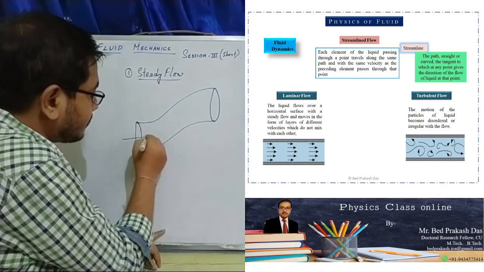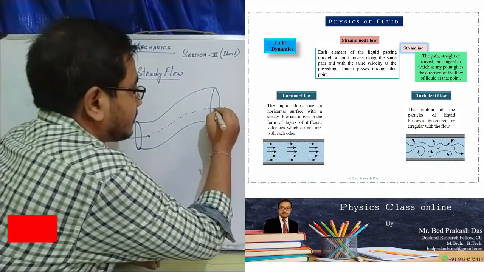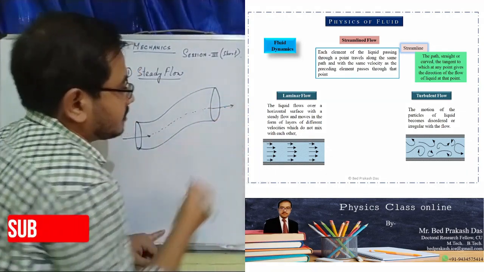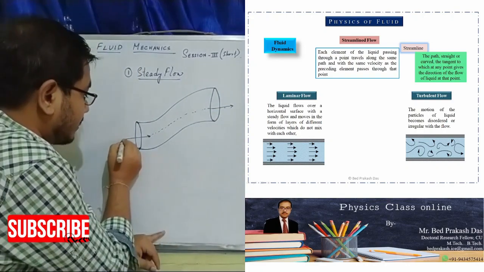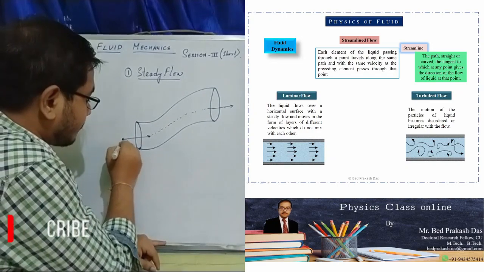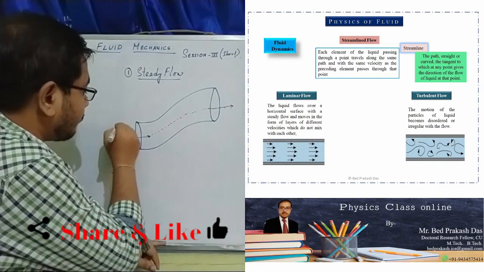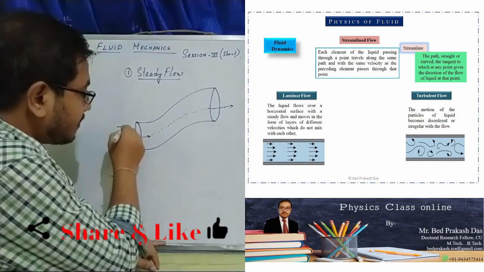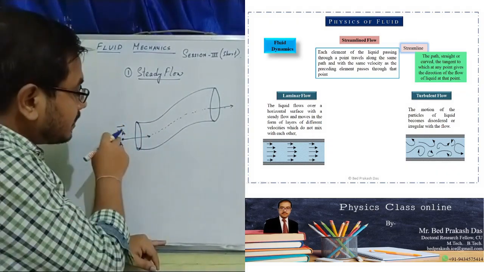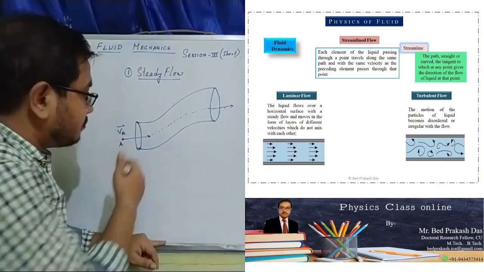The fluid is flowing in this direction and getting out from this direction. At this initial point, say point A, the fluid has a velocity of V_A. I am giving the vector sign since it has a particular direction along with its magnitude.